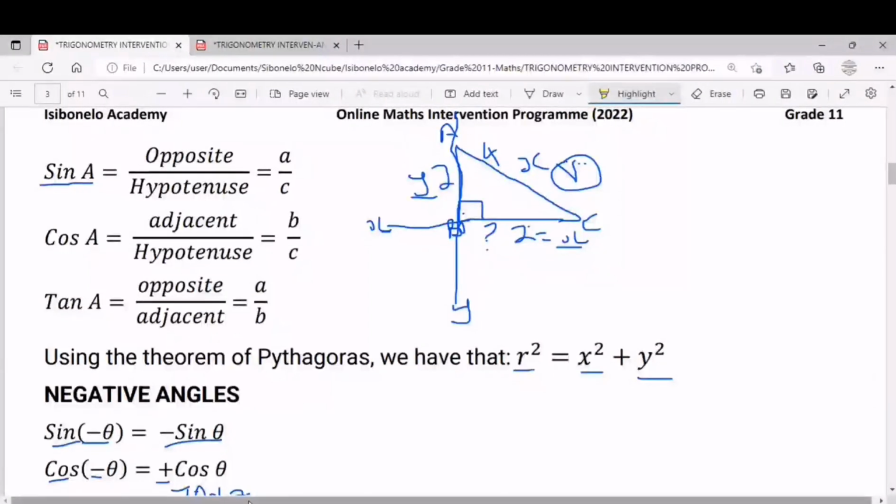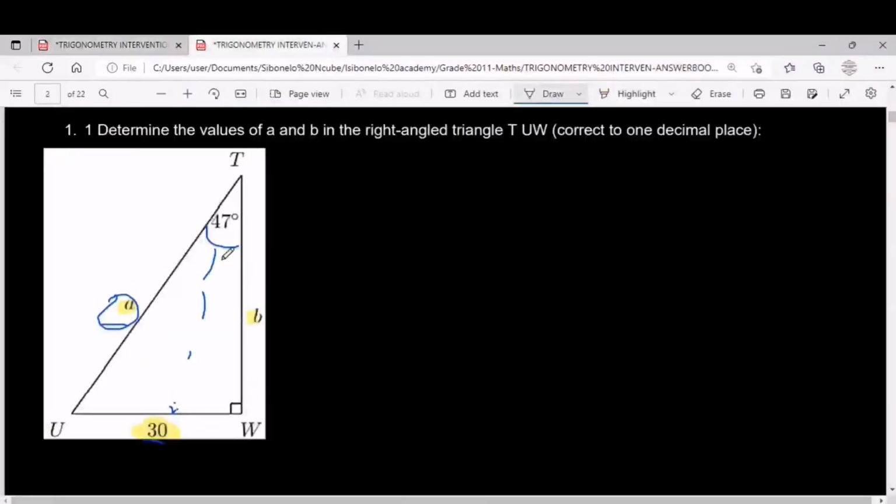Yes, so the applicable function here is sine. So it means when we stand at this angle we will use the ratio of opposite over hypotenuse. It means the function that is applicable will be sine. So here we will have sine theta. We already know theta is our angle here, 47. So we write: sine theta, its ratio is the opposite side, so it's opposite side over hypotenuse.